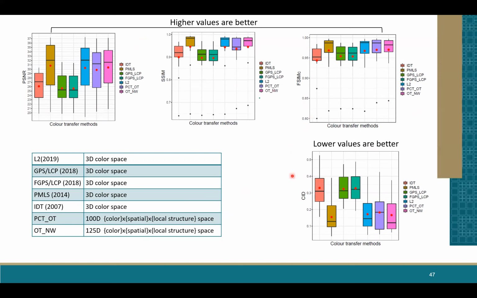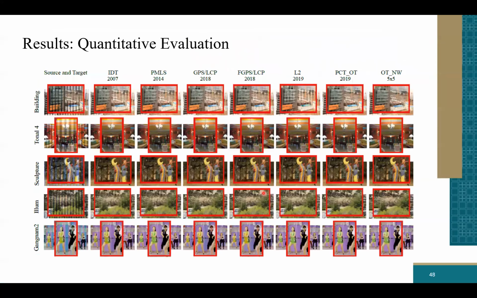In conclusion, the quantitative metrics showed that our algorithm has a similar performance to the top methods, that is BMLS, L2, and our previous approach, and outperforms the rest, including the IDT, the optimal transport in color space. But please do refer to the thesis for tables of detailed quantitative results, analysis, and significant statistical tests.